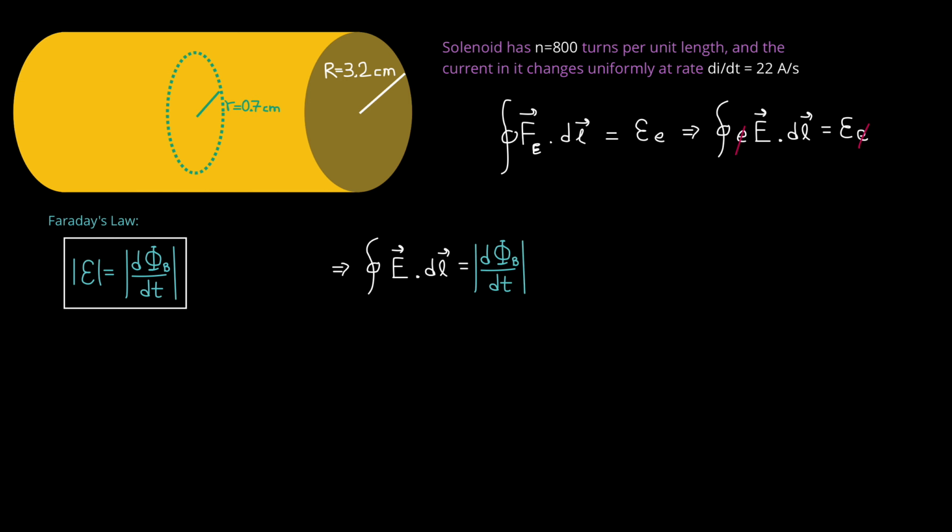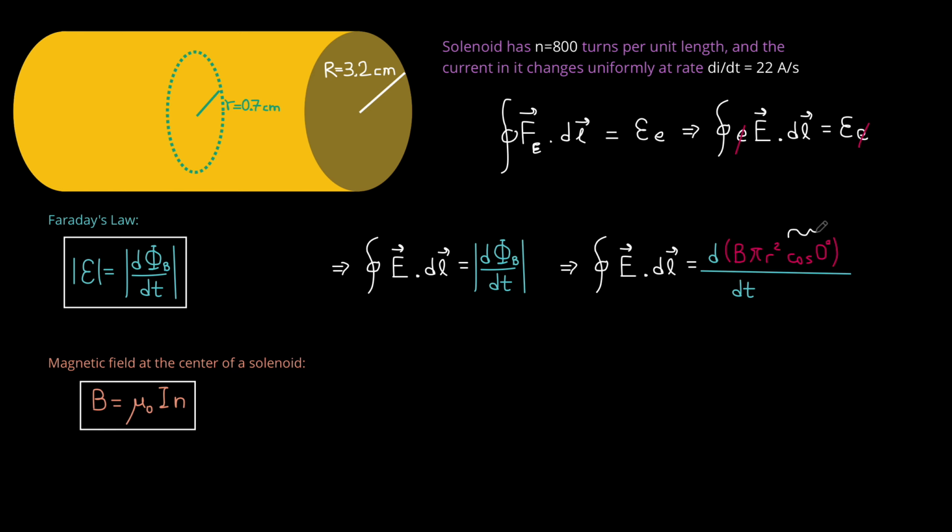And the magnetic flux is equal to the magnitude of the magnetic field B times the area of the loop, pi r squared, r being 0.7 centimeters, times cosine of 0 because the area vector and the magnetic field vector are parallel. In other words, the magnetic field is perpendicular to the area of the loop.